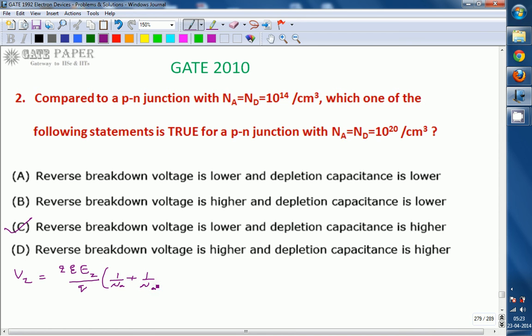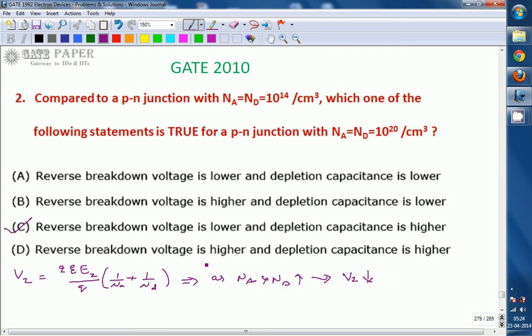This is for the general PN junction. So breakdown voltage is given as 2 permittivity epsilon into Ez, the electric field, by Q into 1 by Na plus 1 by Nd. From this we can say that as Na and Nd increase, Vz gets reduced.